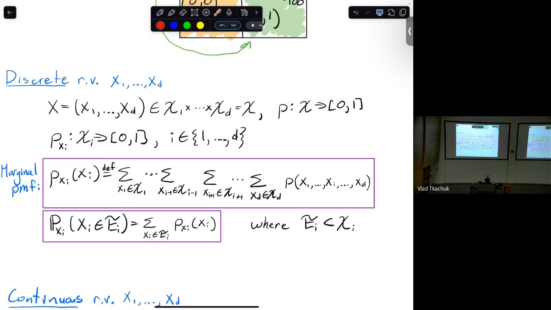Okay. And so, yeah, once you get this thing, you can just use this marginal PMF to calculate the probabilities of different events in the same way as before. If you have some event, you sum up the PMF of all the outcomes in the event. Okay, and so maybe for reference, how this is going to be used is someone will come to you and say, here's this joint PMF.